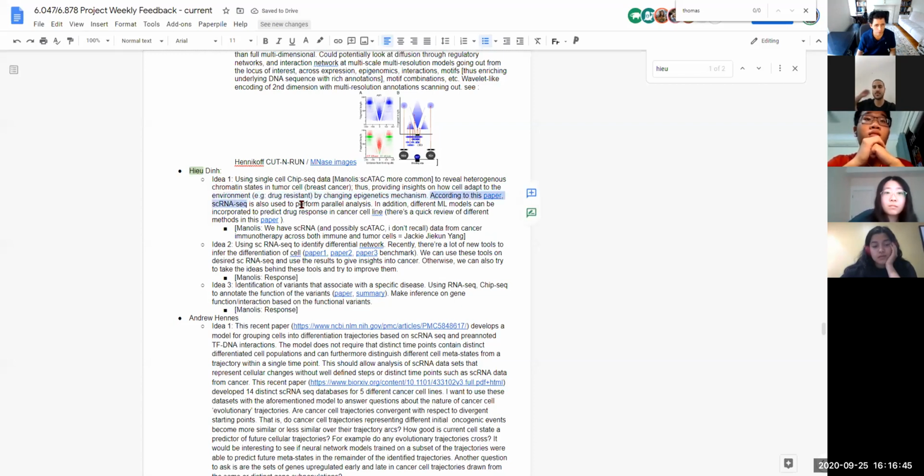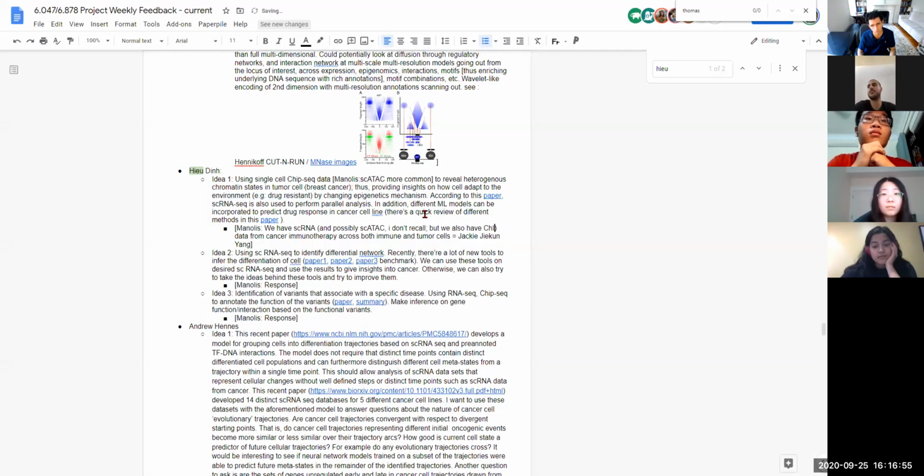According to this paper, scRNA-seq is used in parallel analysis. Different ML models can be incorporated to predict drug response in cancer cell lines. Very cool. CCLE and Project Achilles.